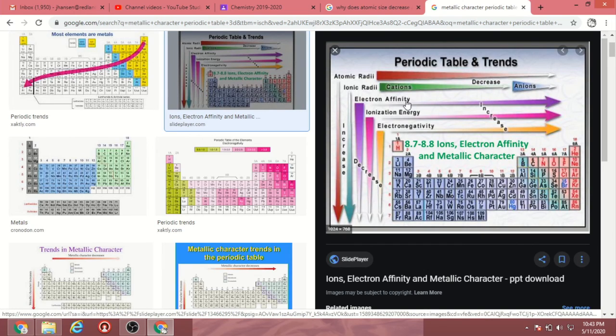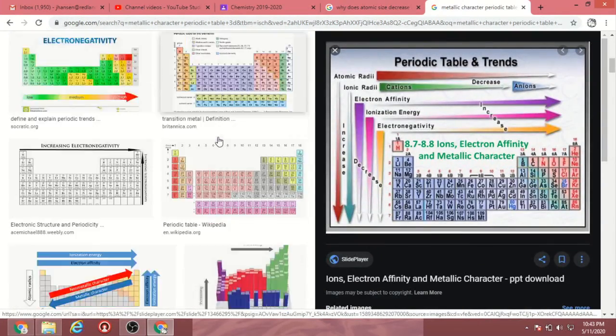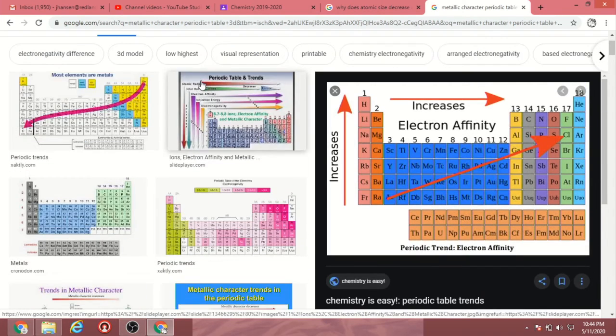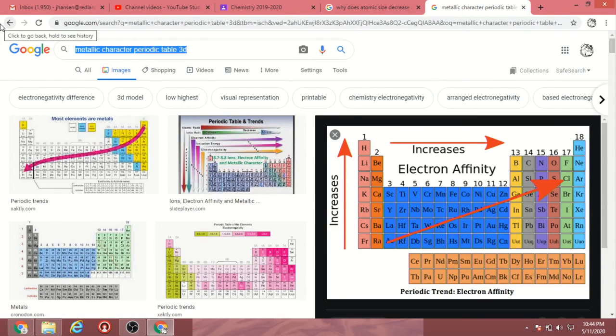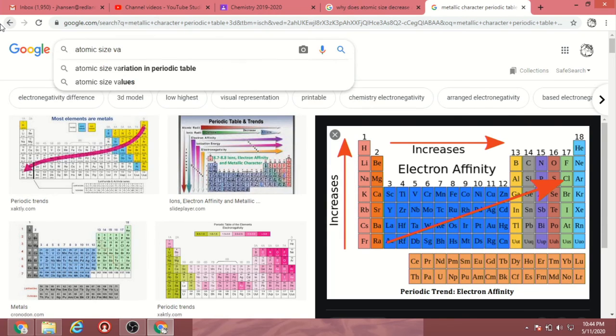But as far as size goes, like atomic radius, it's a whole lot easier to look at one that actually shows you the literal sizes of the elements. But you can find them with numbers. You can find them with an atomic size periodic table with numbers. So atomic size values.